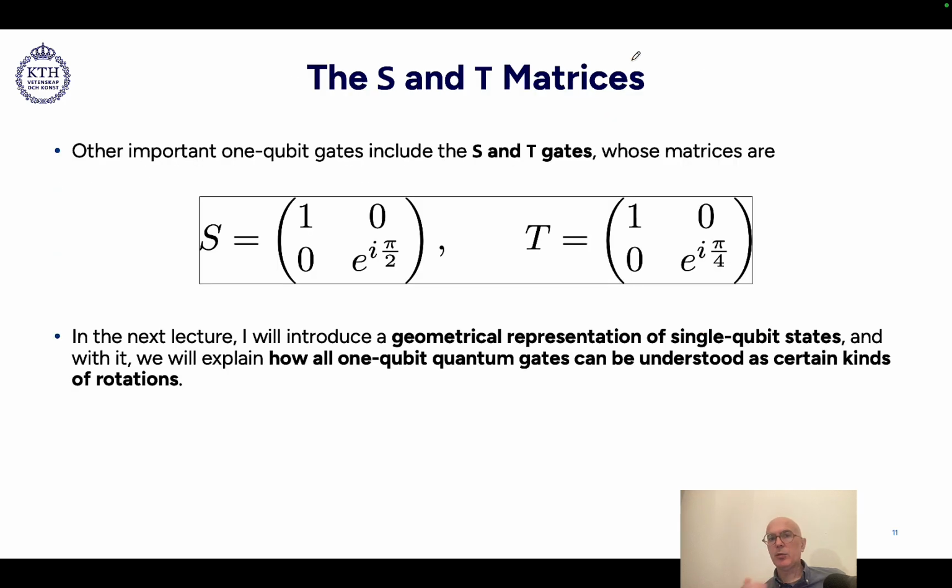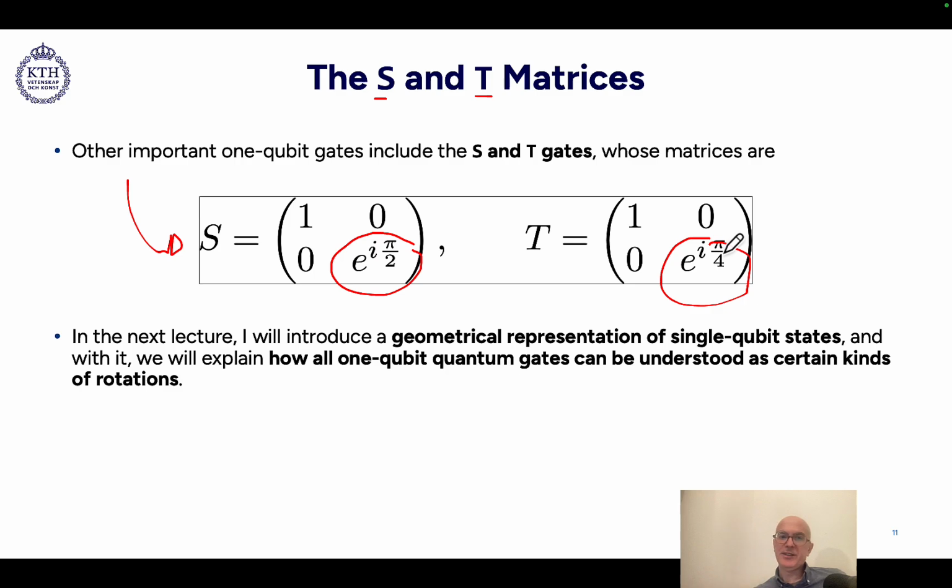Together with X, Y, Z, and the Hadamard gate, other important matrices that are quite common to encounter in quantum computing are the S and T matrices that you can find on this slide here. Their transformation acts only on the second amplitude of the qubit. It corresponds to a rotation of pi over 2 and a rotation of pi over 4.